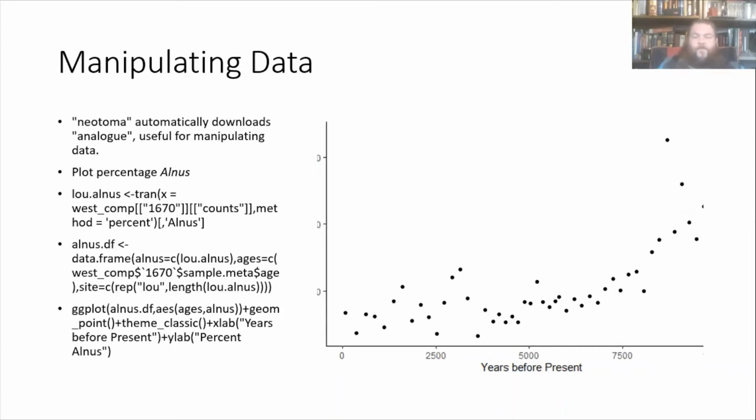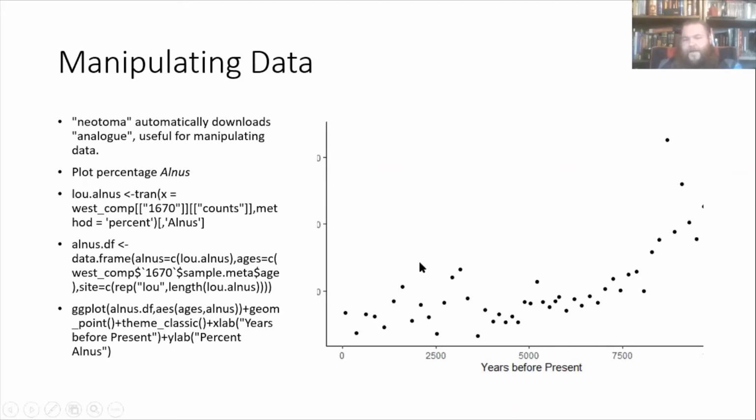So we can use this tran command from the analog package to compute the percentage of Alnus over all types of pollen, which we can then put into a new data frame and graph against age to get this curve of, my y-axis got cut off in this graph, percent Alnus over year as we go back in time.